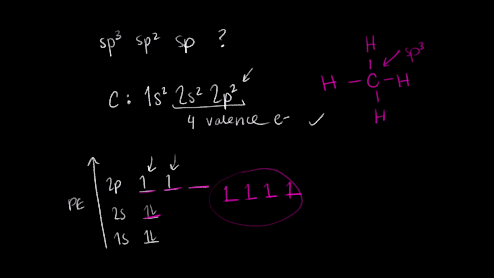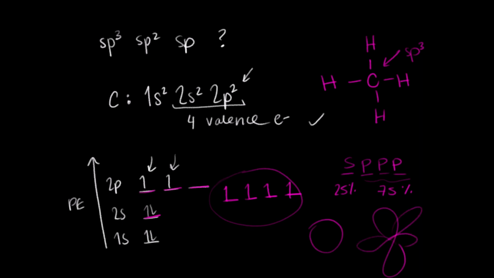Now, when we have an sp3 hybridized carbon, what that's saying is that 1 s and 3 p's have all hybridized to create 4 sp3 orbitals. So that's telling us that we have about 25% s character and 75% p character. We know that the s is that spherical orbital and p is the dumbbell, right? And we have 3 orientations of that because we have 3 p orbitals across the xyz axes, okay?